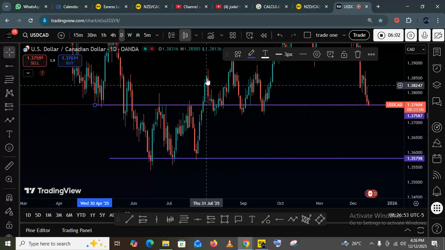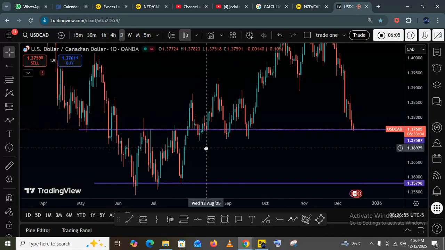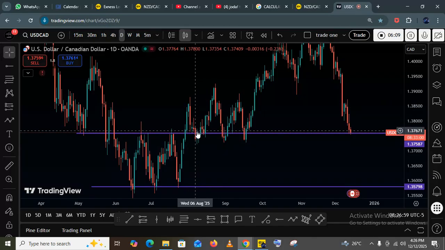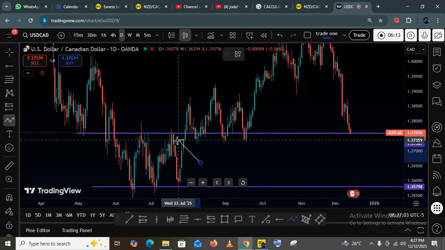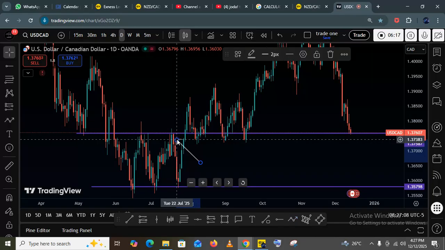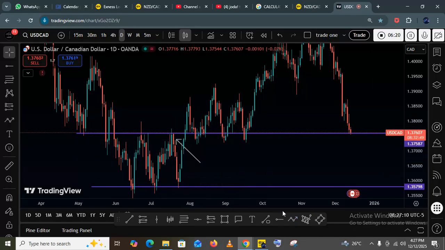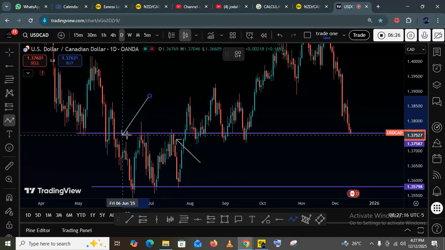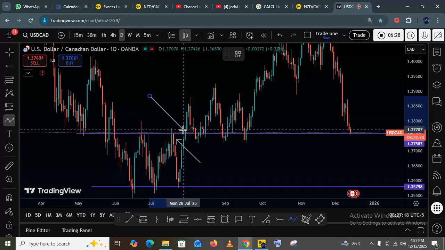Until we broke that resistance. And look at this, guys. Once we broke this resistance, we found support from the previous resistance. Note that this was resistance when the market was trending. But now, since the market has broken above this resistance, it has immediately turned to support.